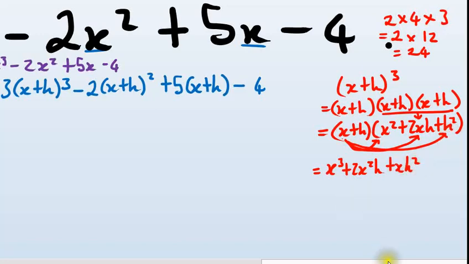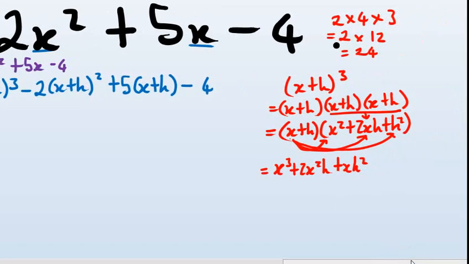It's going to be a bit long. So we're only left with h to do. Unfortunately, I won't be able to put arrows. So we have h times x squared, which is plus hx squared. Like terms already.